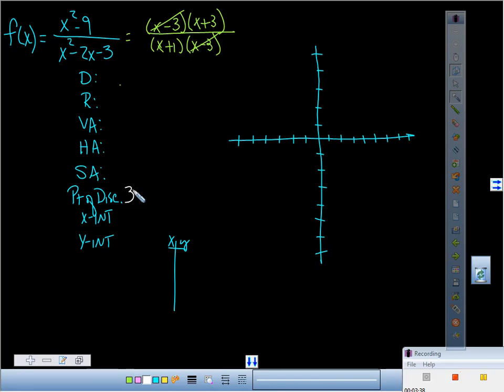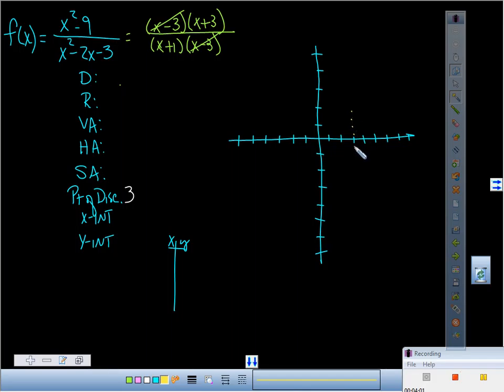Now here's what I'm going to do. I'm going to go mark that on my graph, because if I don't, when I graph, I'll forget. So all I do is, it is where the x is 3, guys. I mean, look at it. It's telling you that. So I'm going to go over here to 3. I just want to lightly on my paper just put some dots.